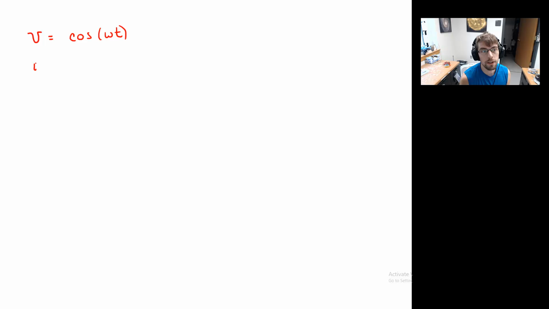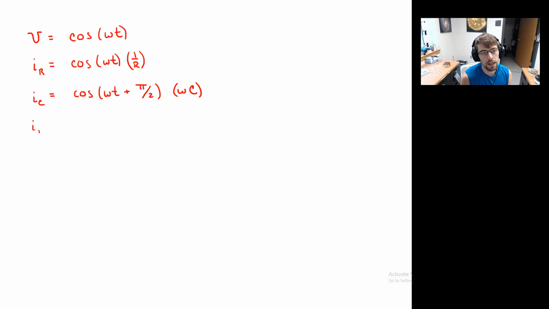If we look at the response of the current through the resistor, we had the same thing, cosine of omega t, with a scaling factor of 1 over R. For the capacitor, we had cosine of omega t plus pi over 2, and again a scaling factor of omega C, so I'll leave that out.